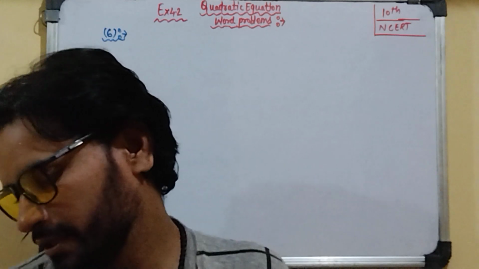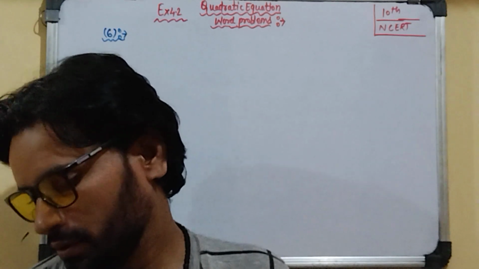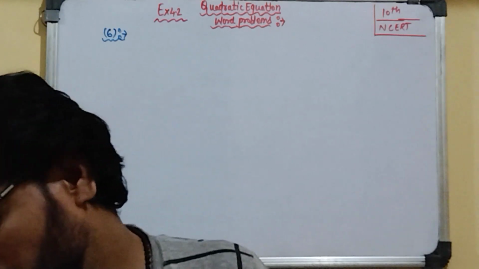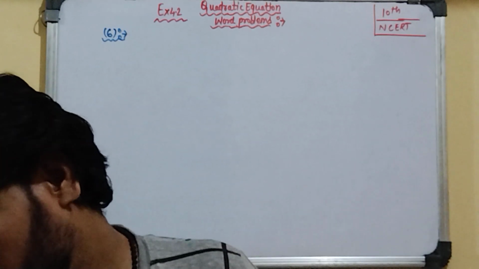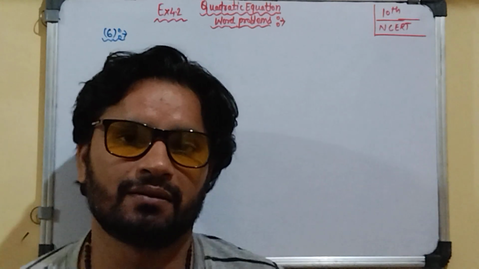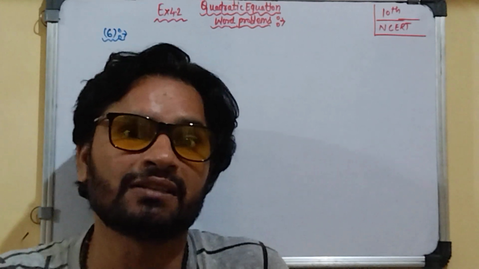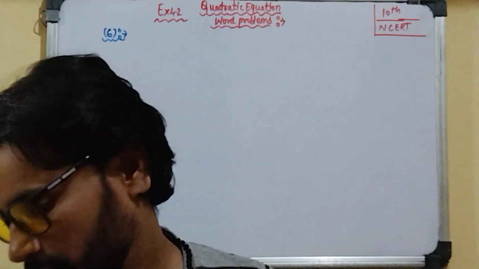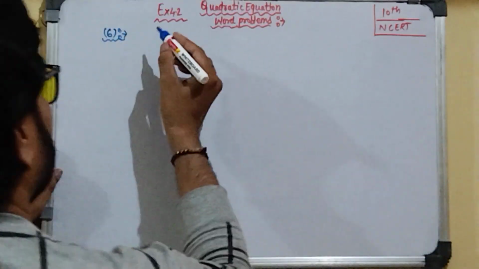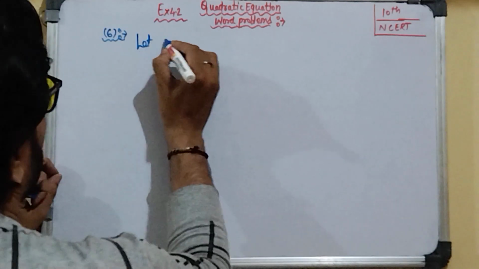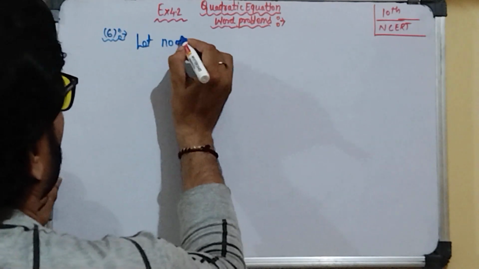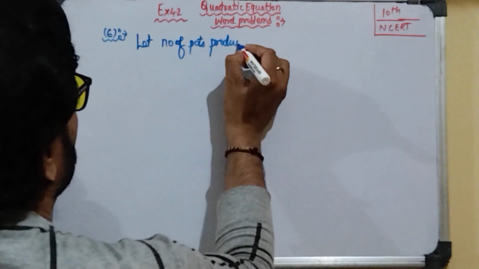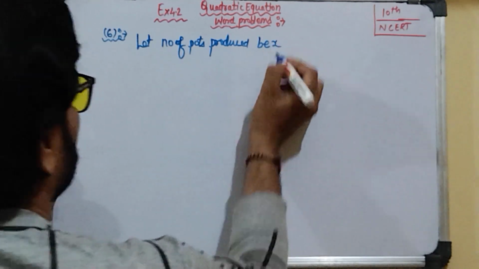But here it is given that the cost of each pot is 3 greater than twice the number of pots produced. So first of all, let the number of pots produced be x.